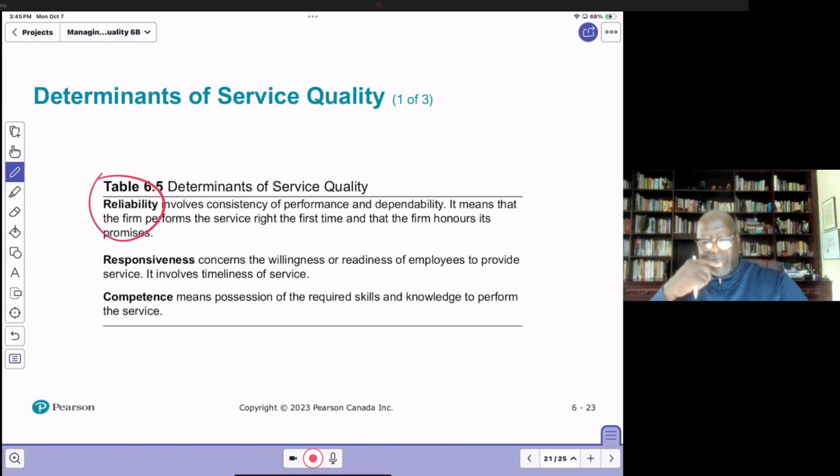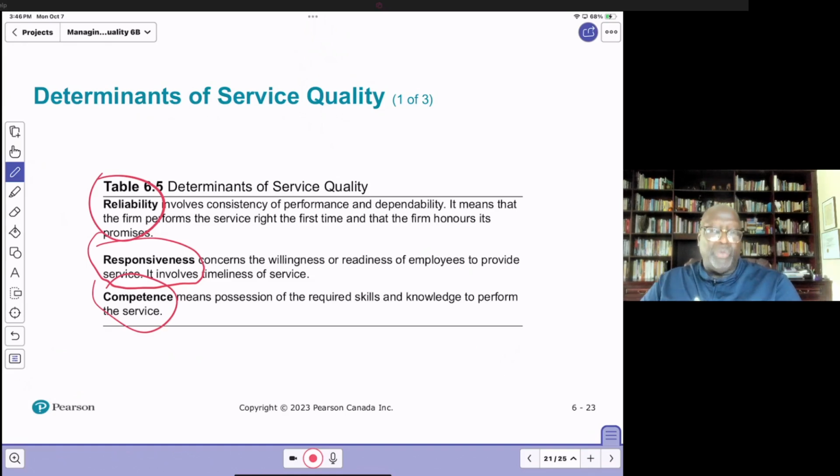Not all the servers are the same, they're not identical. So service reliability has to do with the service being exactly what you expect every time, right? The dependability of that service. That's an important one, and a tough one to control. Responsiveness: how quickly your concerns are actually addressed. The competence of the staff.